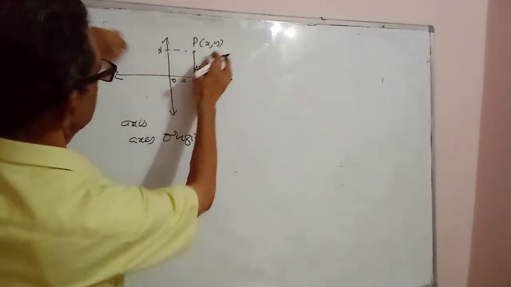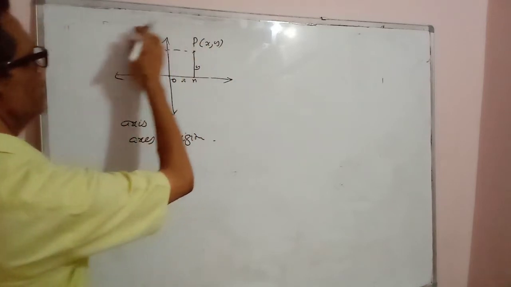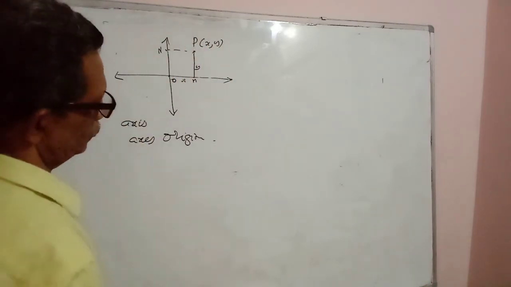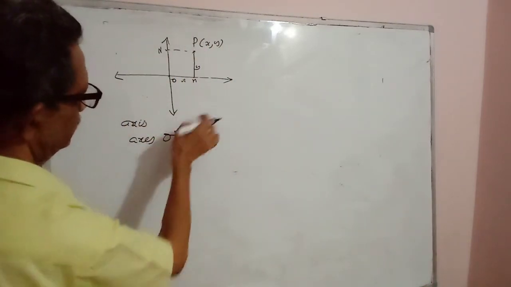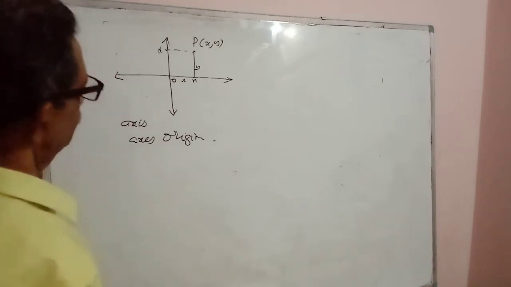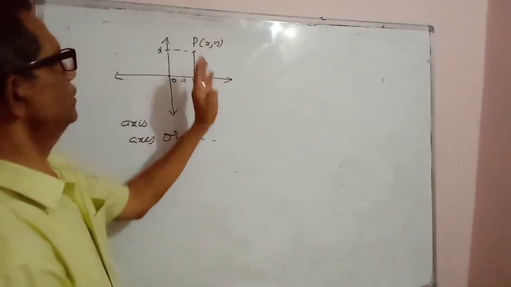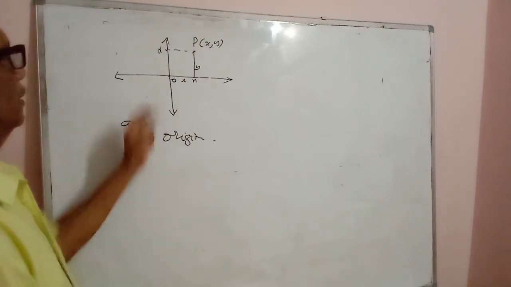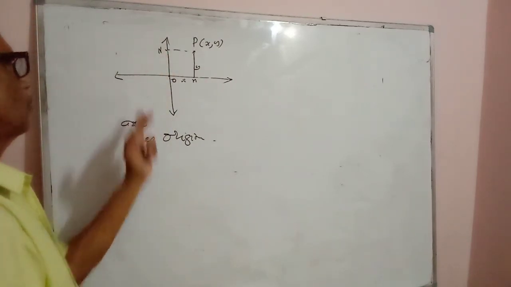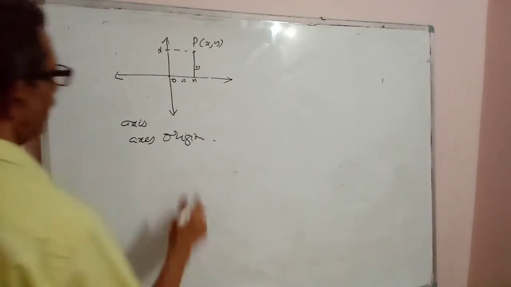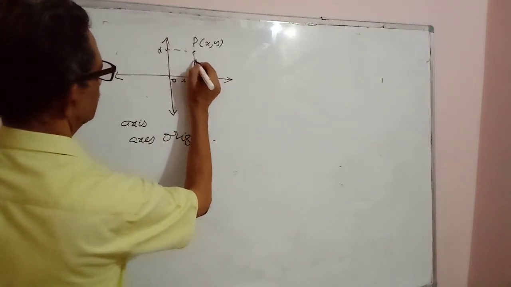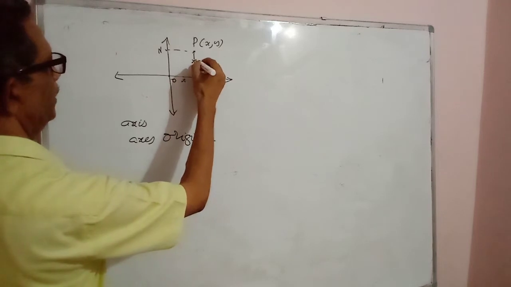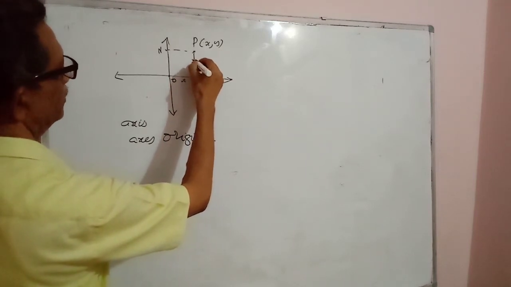Above the x-axis, the y coordinates always have positive sign. Below the x-axis, it is negative. To the right of the y-axis, the x-coordinate will be positive. To the left of the y-axis, the x-coordinate will be negative. When the point P reaches here, the y-coordinate decreases.